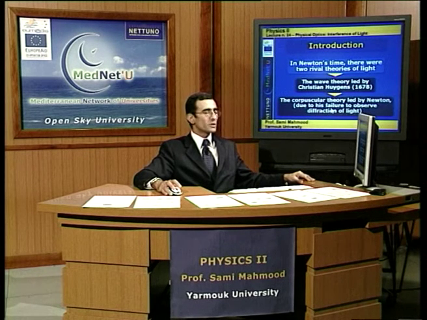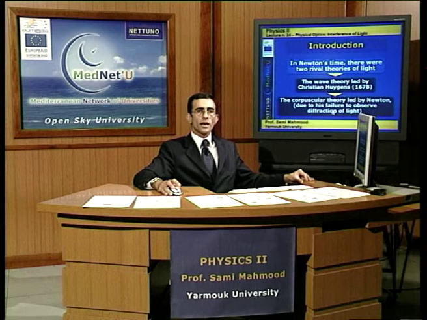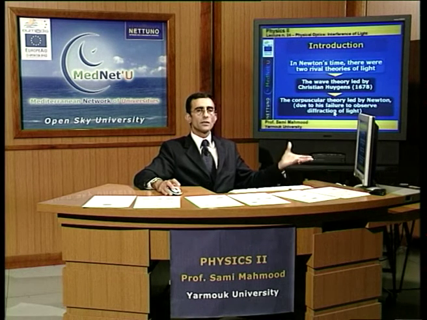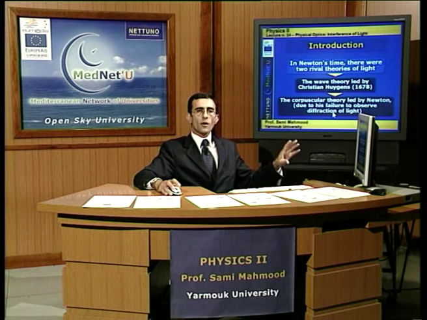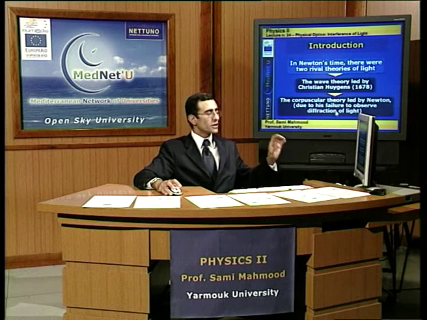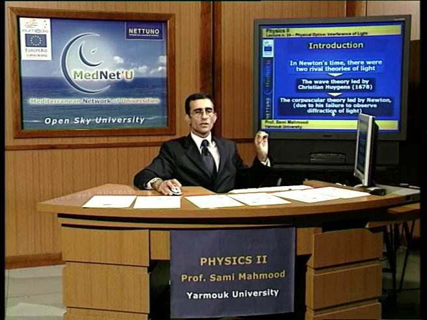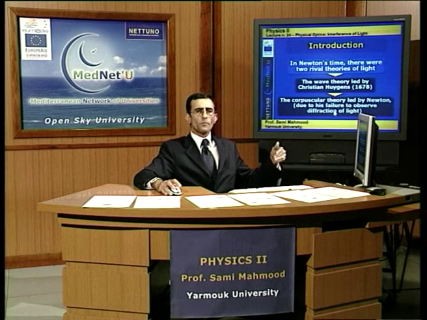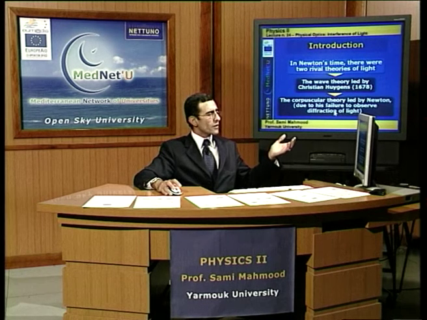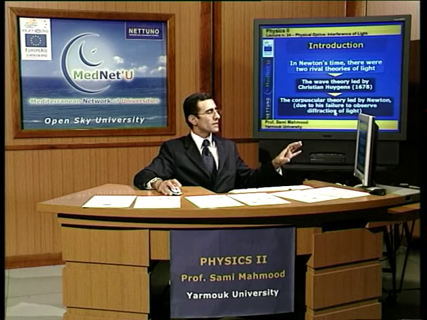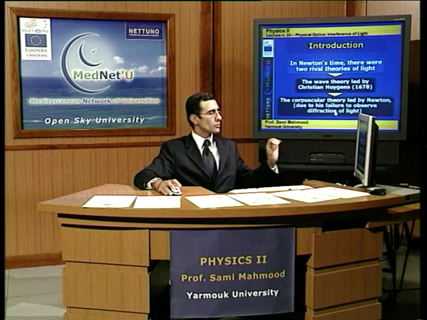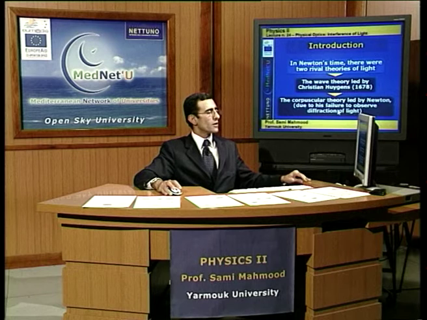And actually, Newton did not believe in the wave theory of light because he failed to observe diffraction of light, which was the condition for light being waves. So although the wave theory is successful, at that time Newton could not see the diffraction. That's what led him to believe in the corpuscular theory.